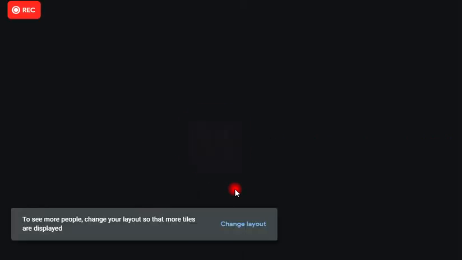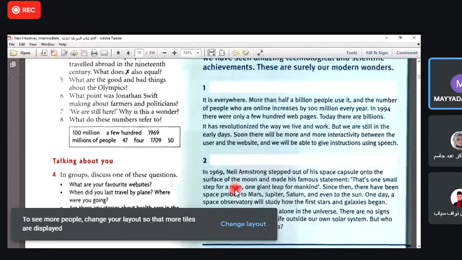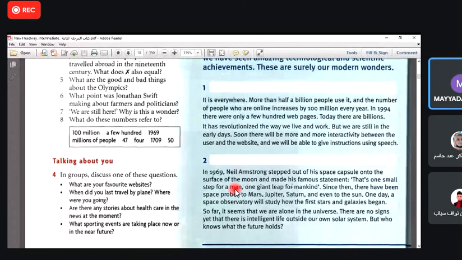Just imagine Armstrong stepped out of a space capsule onto the surface of the moon and made his famous statement. That's one small step for a man, one giant leap for mankind. Since then, there have been space probes to Mars, Jupiter, Saturn, and even to the Sun.